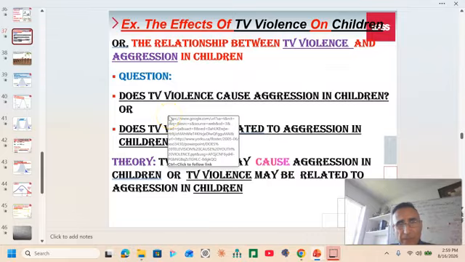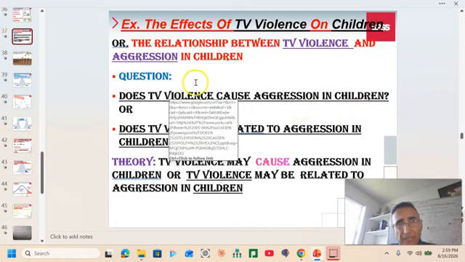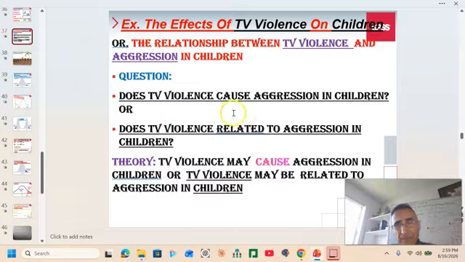Another way: does TV violence cause aggression in children? If you say correlation, there's correlation. Does TV violence relate to aggression? That's also correlational. Or if you say TV violence may cause aggression in children, here you're saying cause. Or TV violence may be related to aggression in children. Again, these are different types of research.